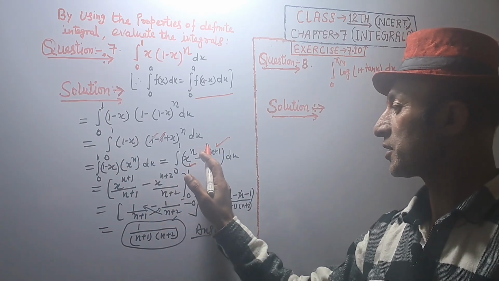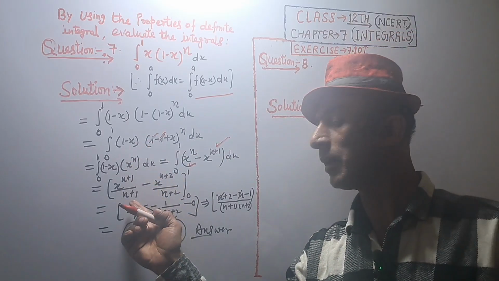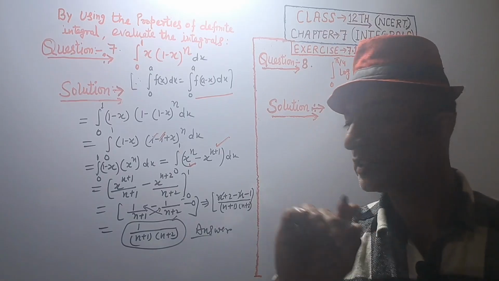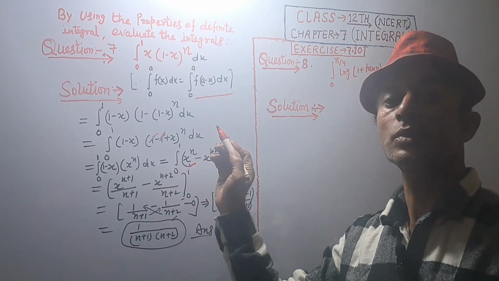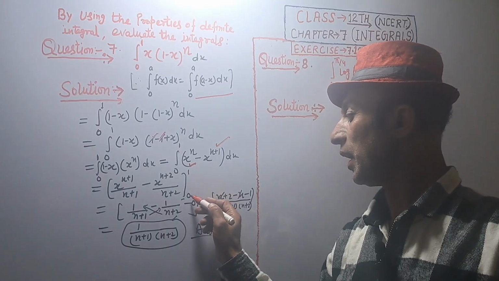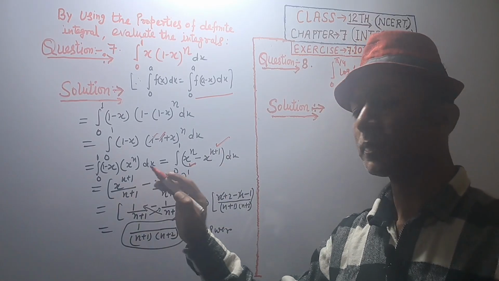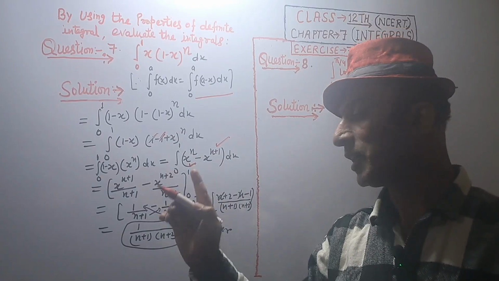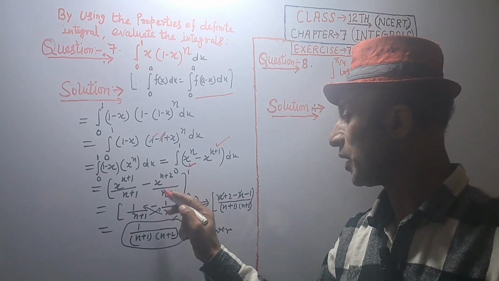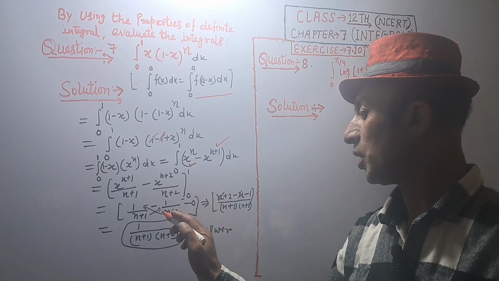We are integrating x raised to power n, that is x raised to power n plus 1 upon n plus 1, and integration of x raised to power n plus 1 is x raised to power n plus 2 divided by n plus 2, and limit lies 0 to 1. First we put the upper limit: 1 raised to any power is 1, so 1 raised to power n plus 1 is 1, and 1 raised to power n plus 2 is 1, but lower limit is 0.